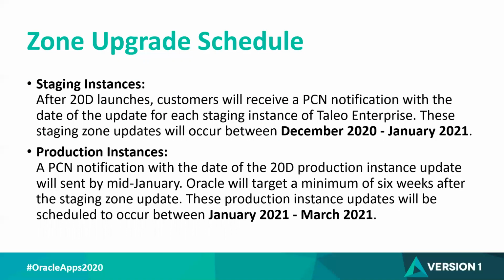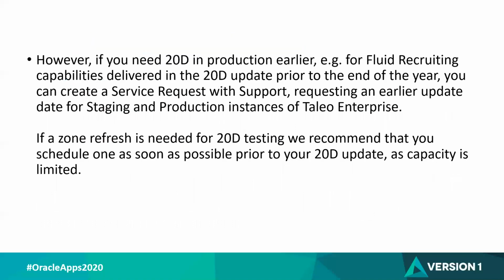Oracle will also be sending PCN notifications for both the staging and production environment. However, if any customer wants their production zone to be upgraded prior to the Oracle schedule timeline, that can also be done by raising a service request with Oracle.